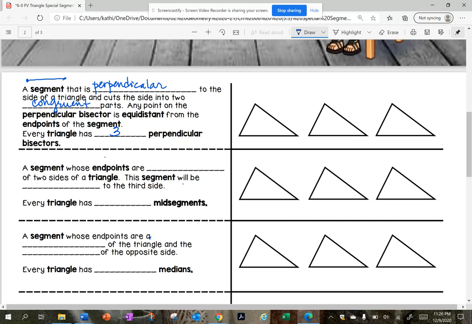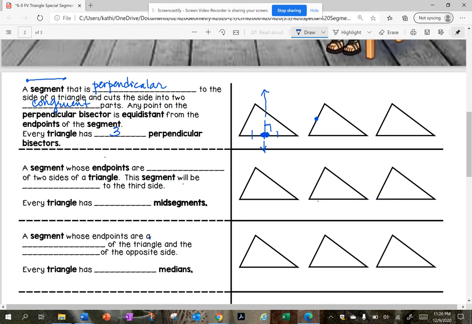Okay, so what does this look like? So it is perpendicular, so I go to the midpoint. So I'm going to start, here's the midpoint on this side. So if I say this is the midpoint, these two are equal, and then I am perpendicular, so it's at a right angle. So here's a right angle. What about this side?